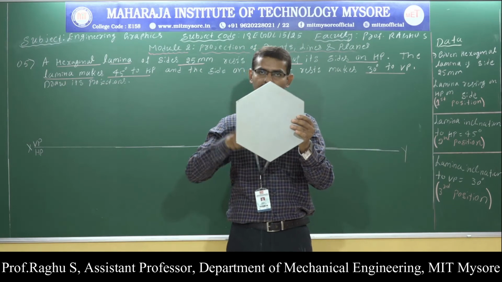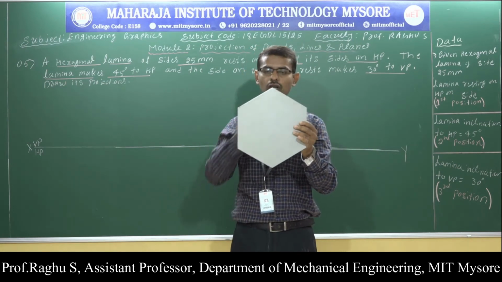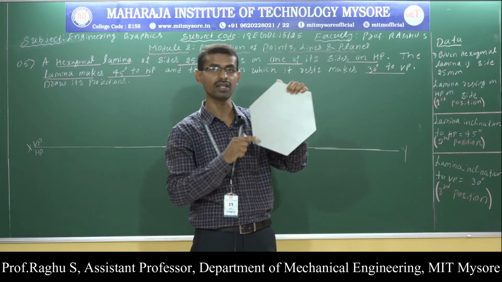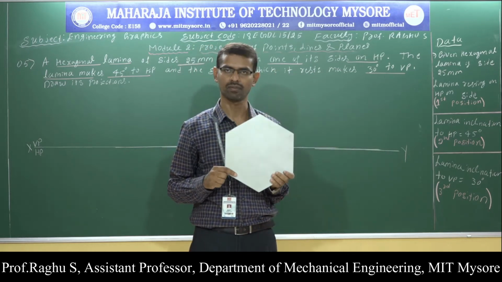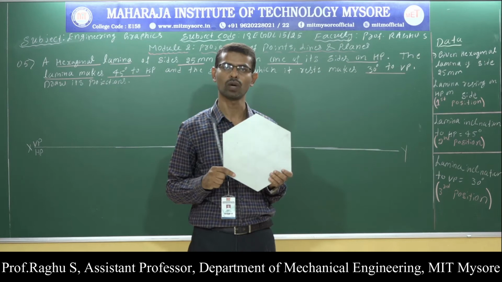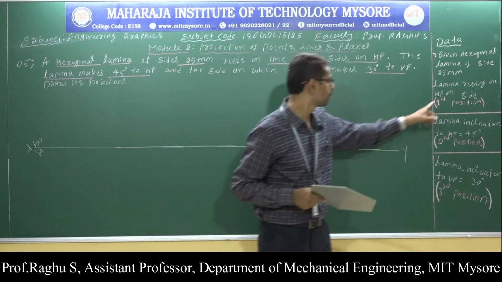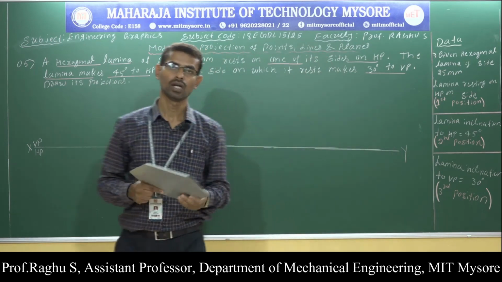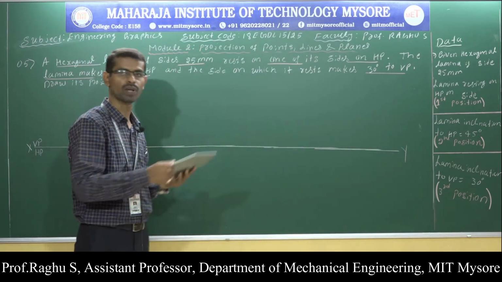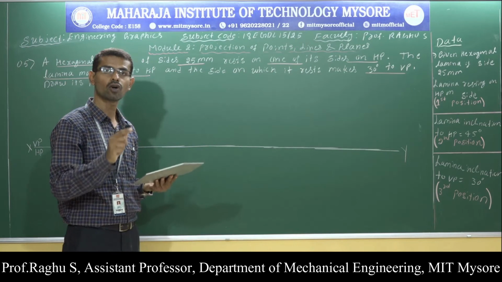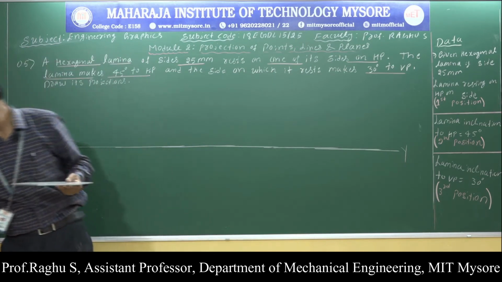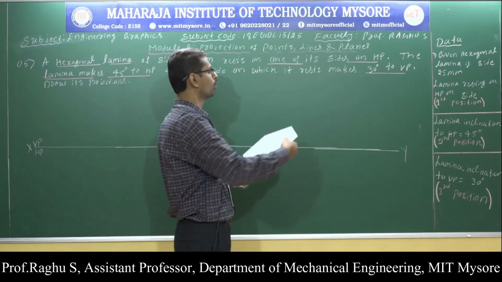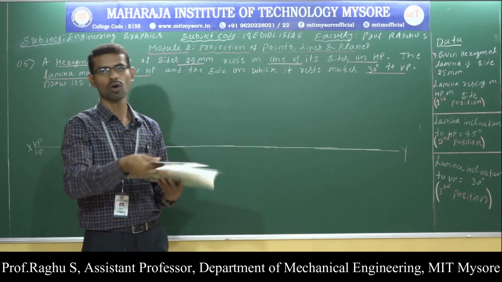So it's a regular hexagonal lamina, consists of 6 sides, all sides are equal, and the interior angle of a hexagonal lamina is 120 degree. Next, the lamina resting on HP or VP, on side or corner. The lamina is resting on the horizontal plane with one of its sides, or edge.